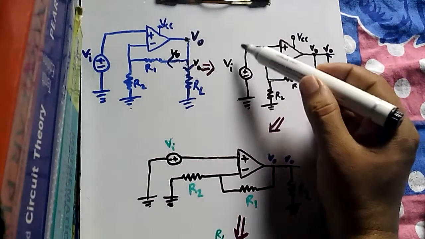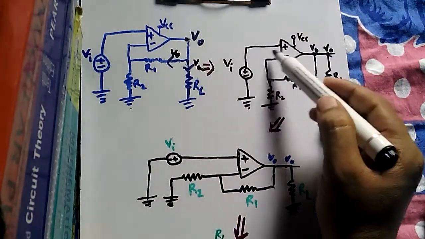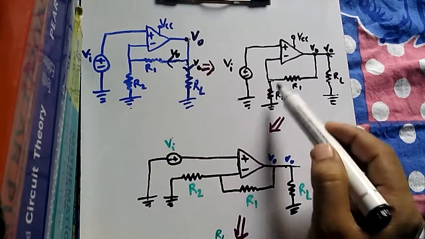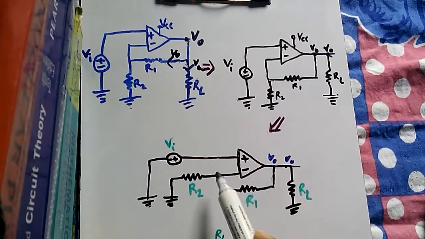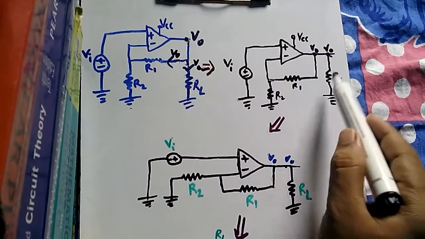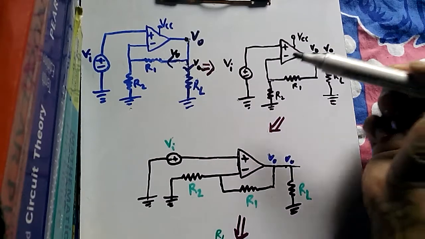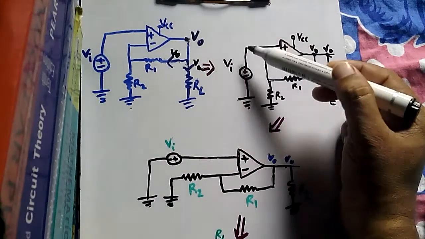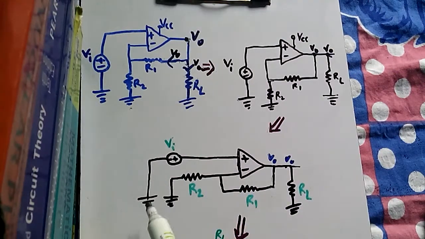From the positive terminal, Vi; from the negative terminal, R2 grounded; and before R2 there is a circuit with R1 and RL. So it is just the same as this. One thing we have done is that here it is in a bent shape, but I have just stretched it out.